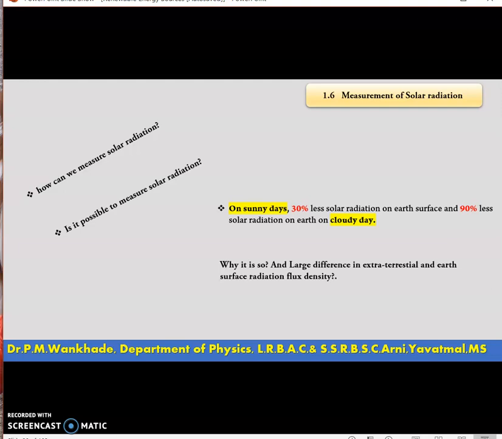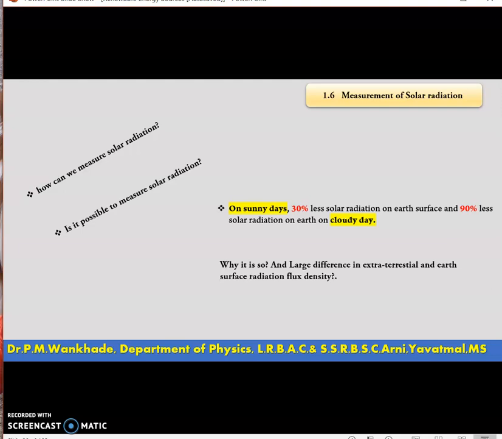Actually, the solar flux density is reduced by about 30% compared to extraterrestrial radiation flux on a sunny day, and is reduced by as much as 90% on a cloudy day. Why is it so? Why is there such a large difference in extraterrestrial and Earth surface radiation flux density?